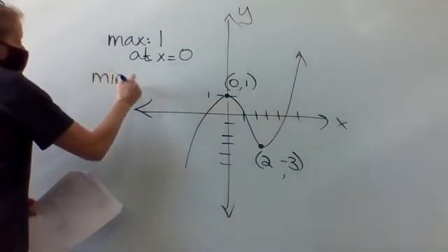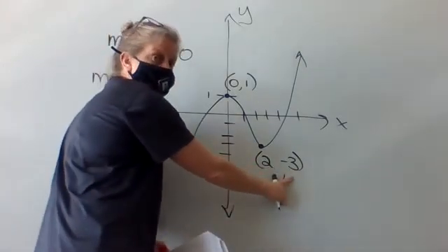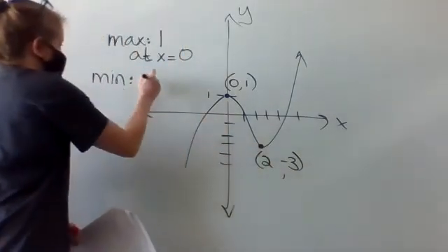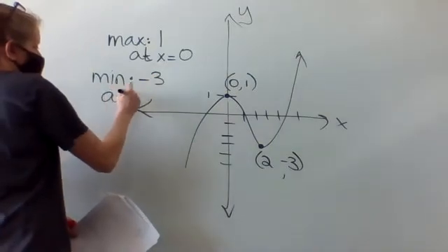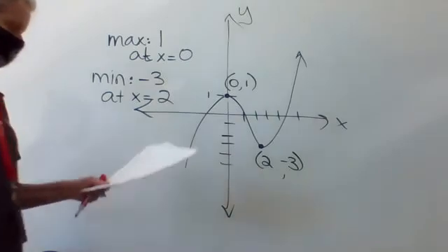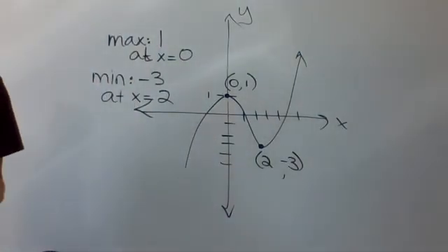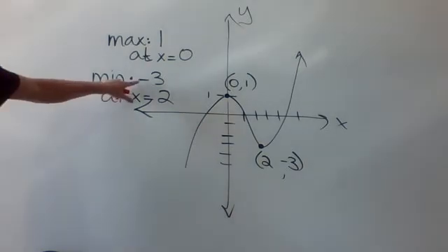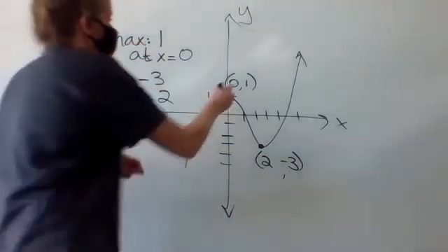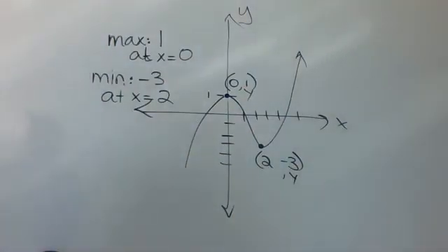What's the minimum value? -3. And it occurs at x equals what? X equals 2. So the minimum and maximum are always the y coordinates. And then the other part always says where, and it occurs at x equals blank.